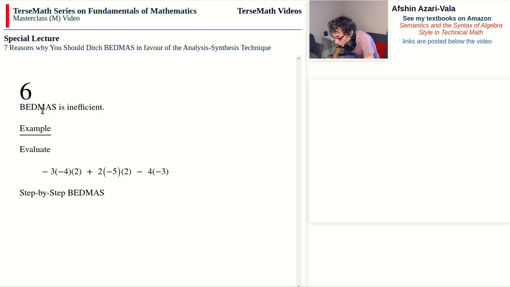So going from left to right, we notice that we have multiplications, additions, and subtractions only. Then multiplication comes first, and therefore we go from left to right and we find the first multiplication, -3 times -4. Now notice how much writing and how much thinking goes into working out this rather simple expression. You will see how simple it is once I teach you how to work it out using a different approach.